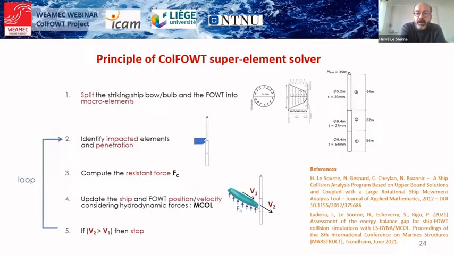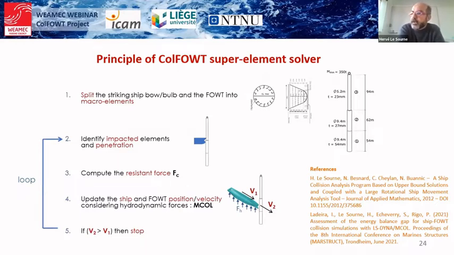Okay, now the overall ColFOWT superelement solver may be represented by the following chart. In the first step, the striking bow and the struck wind turbine are split into elementary components.